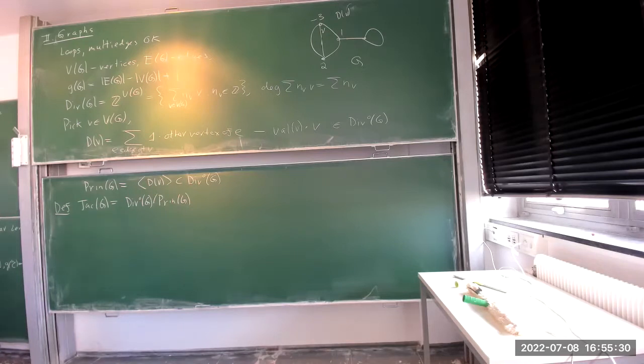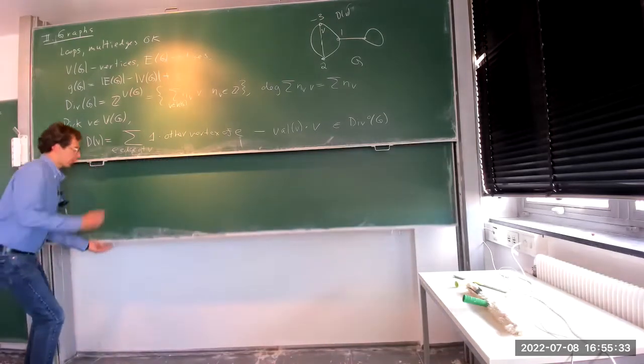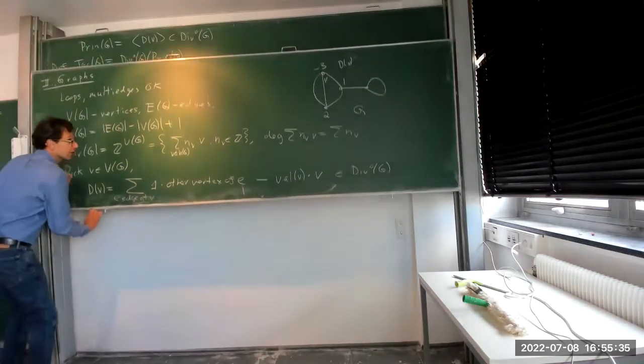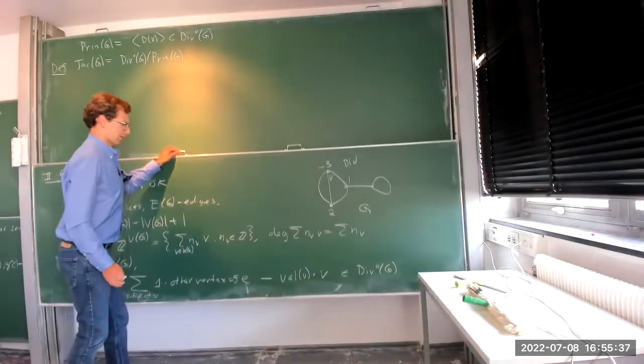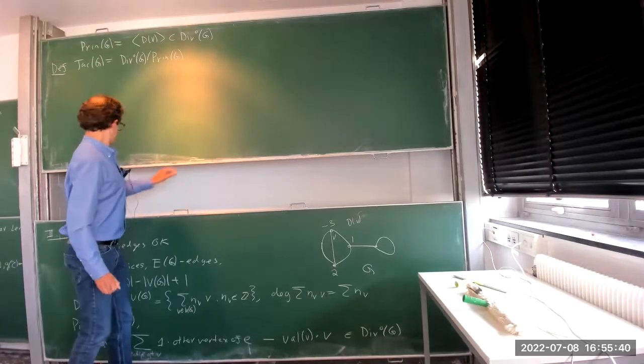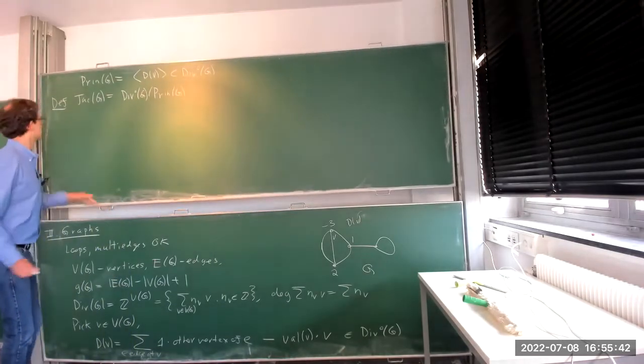And so now a theorem which goes back, in one form or another, to Kirchhoff. Of course, Kirchhoff didn't know anything about chip firing, but he did know about graphs, and he did know about graph Laplacians.